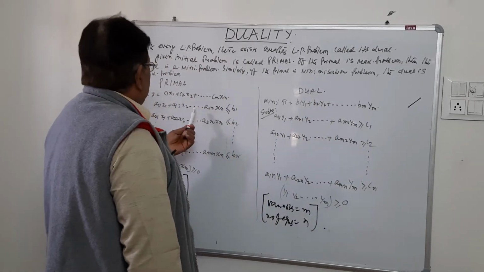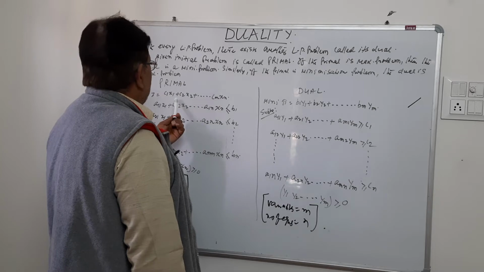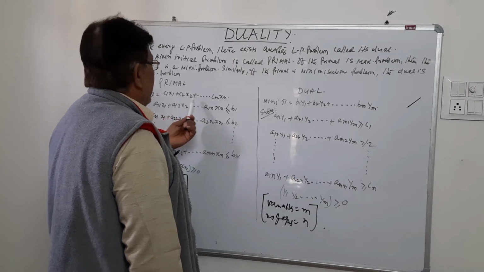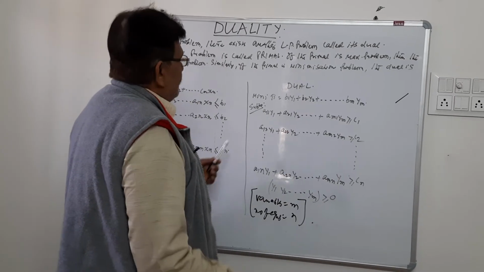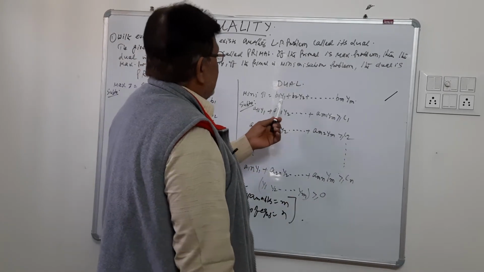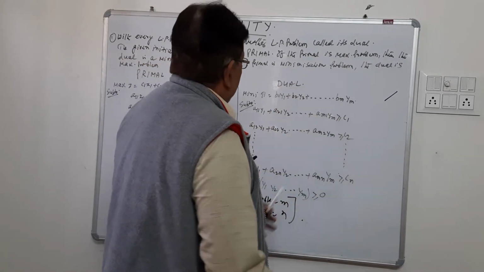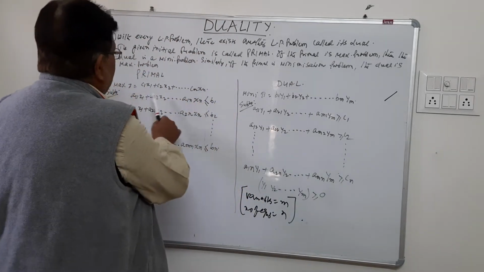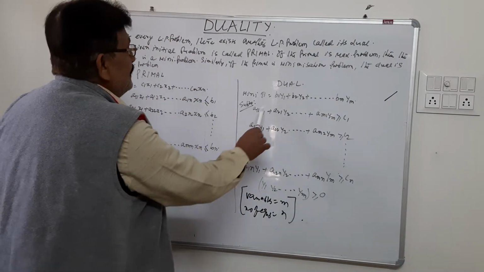In the primal problem, we had the decision variables as x1, x2, xn. Definitely for minimizing pi we shall need some other variables. Let them be y1, y2, ym. Now this coefficient matrix has been transposed.